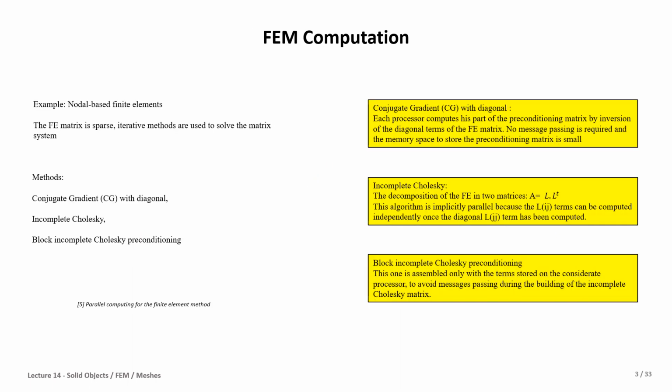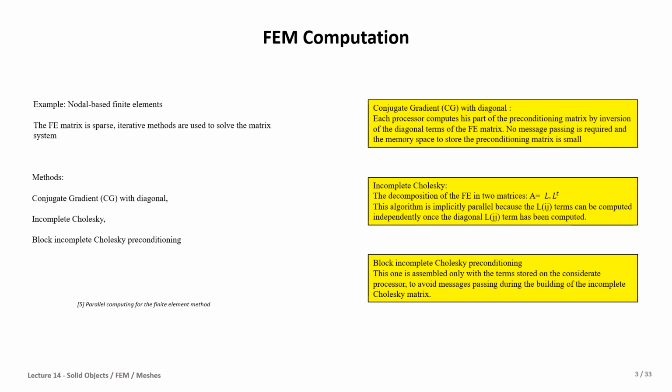The first example is nodal based finite elements. In the finite element method, the matrix is sparse, so an iterative method is used to solve the matrix system. In this example, these methods are used to solve this problem.